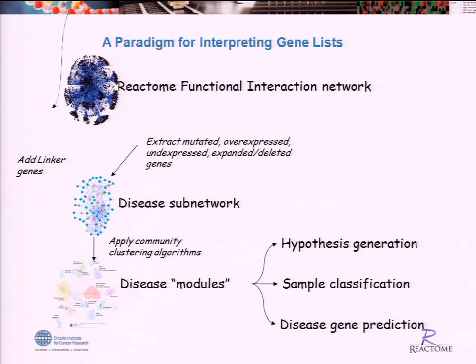We take a large set of genes, mutated or upregulated genes under some condition, and make some sense out of them. The paradigm is very simple. We have this extended network, which consists of curated reactions and predicted ones.